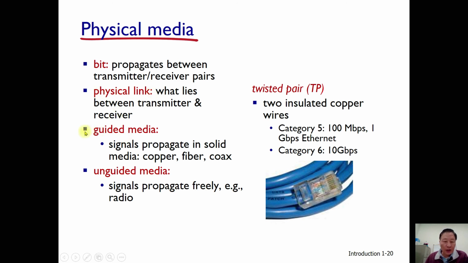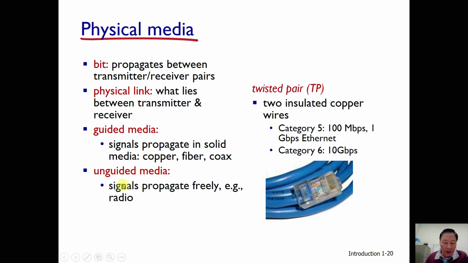If we differentiate physical links depending upon the guidance, if it is guided, then it is called guided media, like solid media, copper, fiber, coaxial. The signal is guided, and it is transmitted through that guided media.